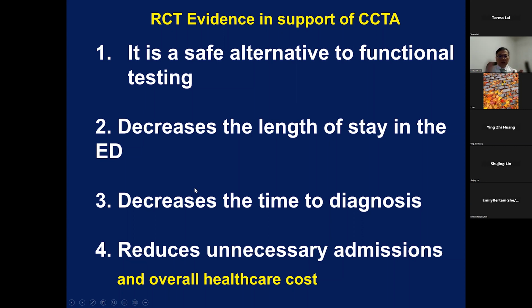The time to diagnosis becomes unnecessarily delayed. So it is very important to shorten the time to diagnosis. And as we are all aware, Rendr is very much interested in providing high quality care at the lowest cost. CCTA in the emergency setting has been shown to reduce unnecessary admission and overall healthcare costs.